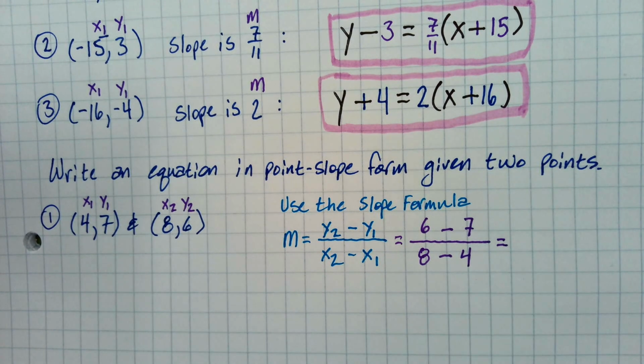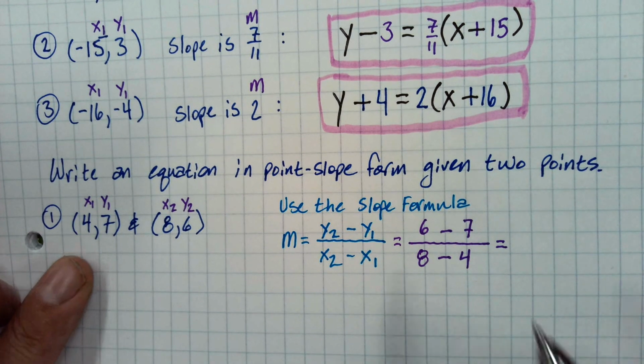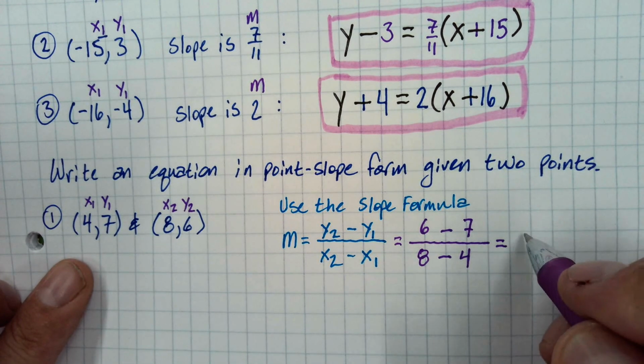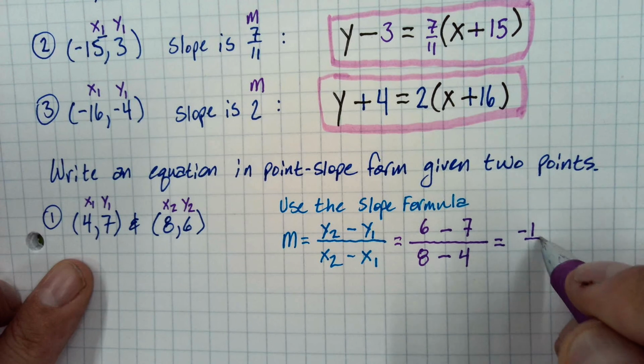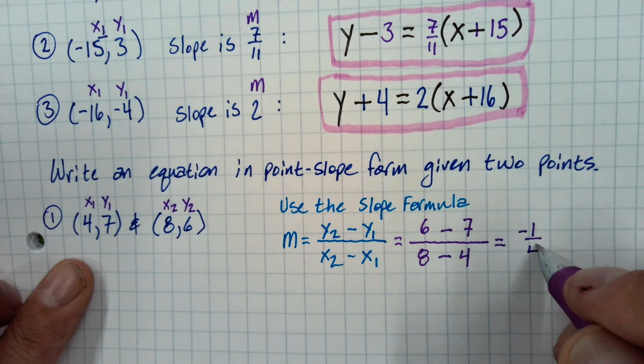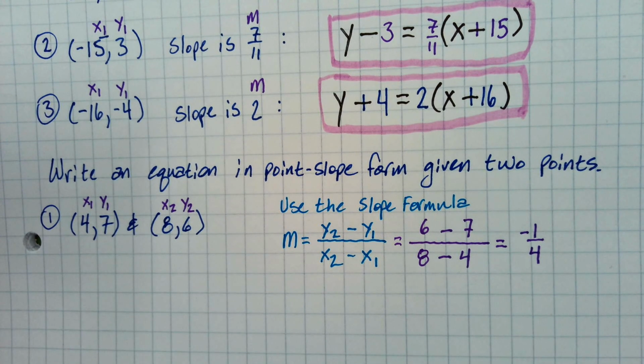And this is what I'm going to get. So let's see what that gives us. 6 minus 7, negative 1. 8 minus 4 is 4. So my slope is negative 1/4. Okay? So let's go with that.